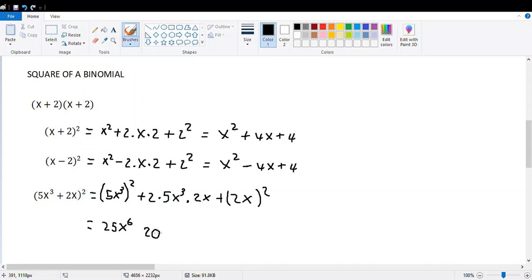Then it is 20x to the 4th, because x cubed times x is x to the 4th. And now plus, at the end, 2x squared is going to be 4x squared. Okay, and that's the final answer. Okay guys, that's all. Thank you so much.